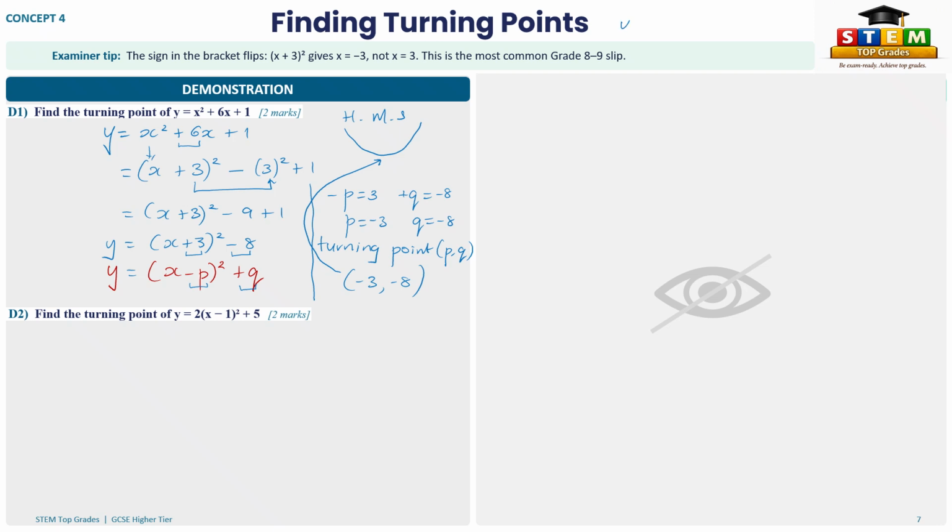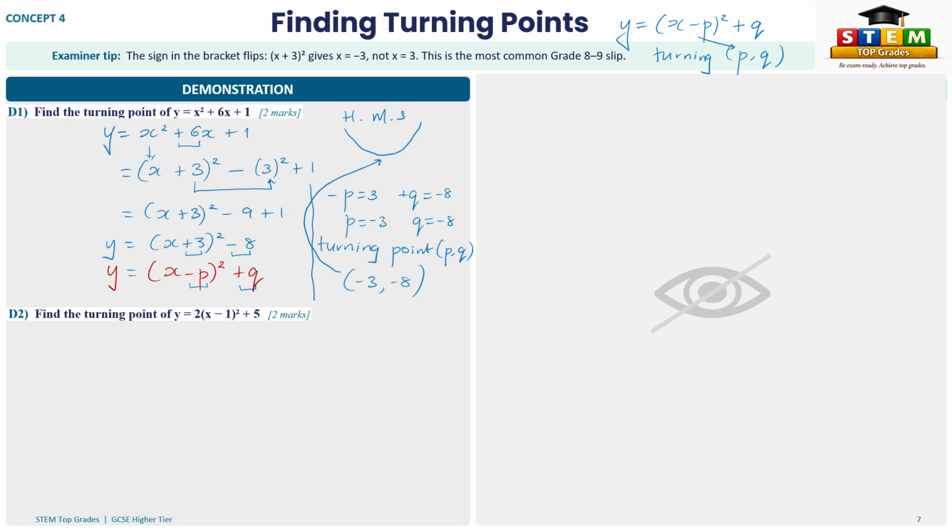Remember, we always have to use this expression, y equals x minus p squared plus q, for the turning point (p, q). This is what we mean by inverting the sign or flipping the sign. Now we're going to practice with the second one.